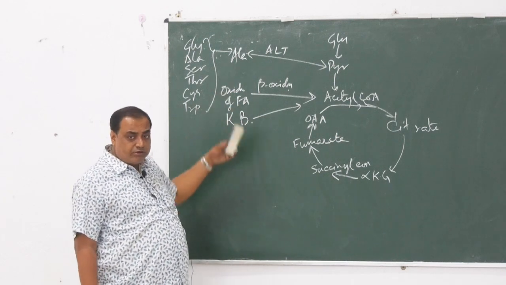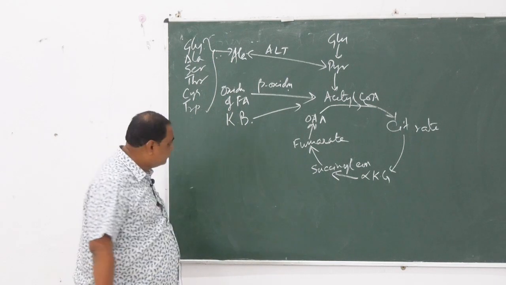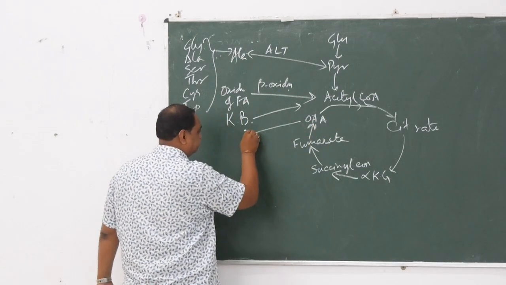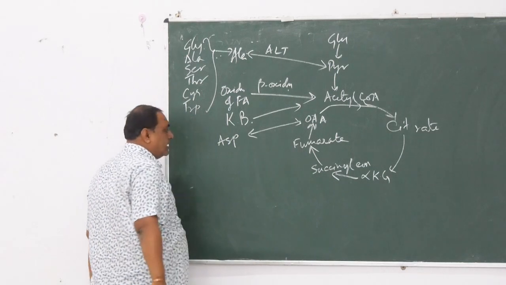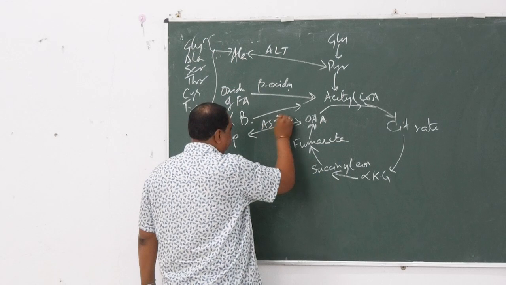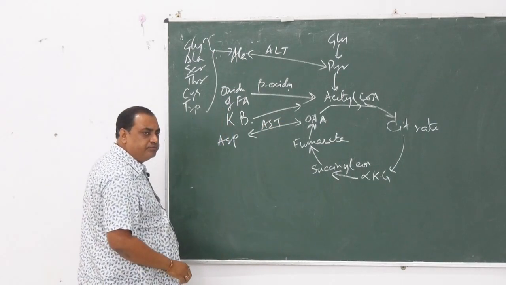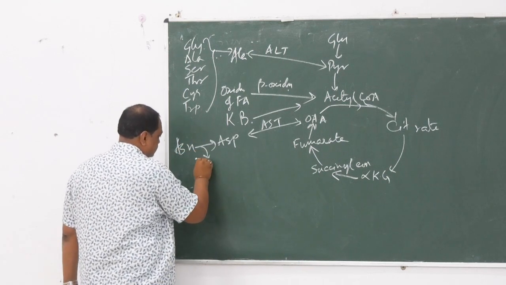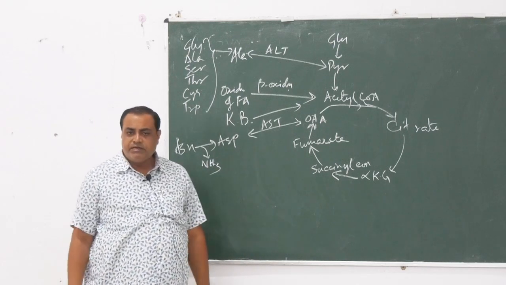But see, all this will not take place simultaneously, or not even in the same tissue. Oxaloacetic acid comes from aspartate via aspartate transaminase, and this aspartate will be produced from deamination of asparagine.